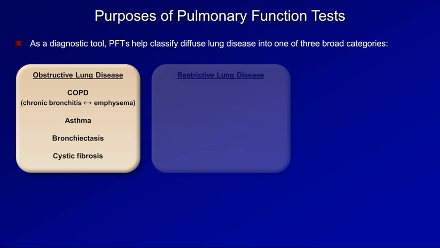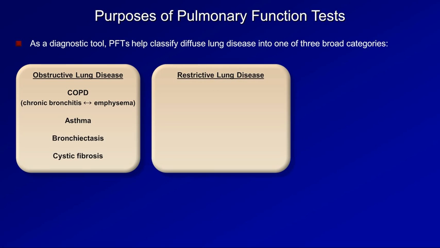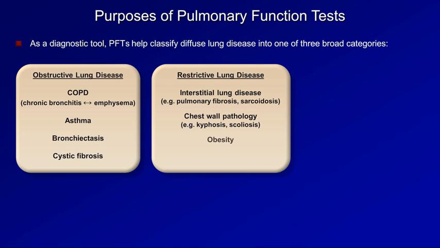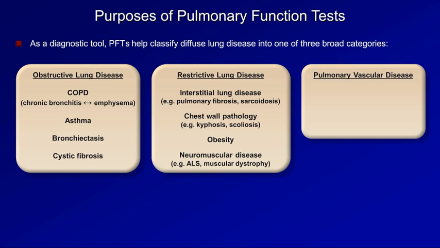The second category is restrictive lung disease, which includes interstitial lung disease, chest wall pathology, obesity, and neuromuscular disease. Finally is pulmonary vascular disease, which includes primary pulmonary hypertension and chronic thromboembolic disease.